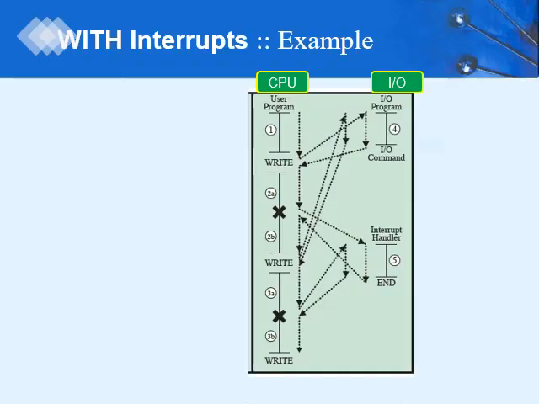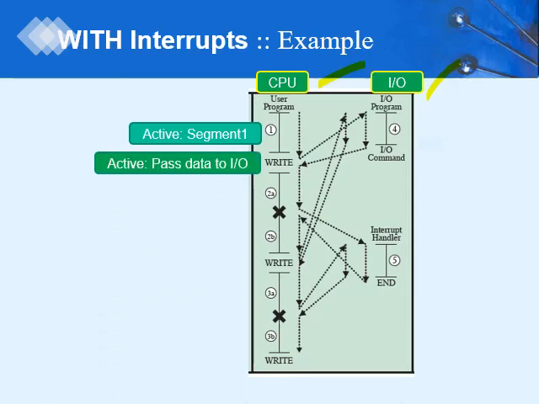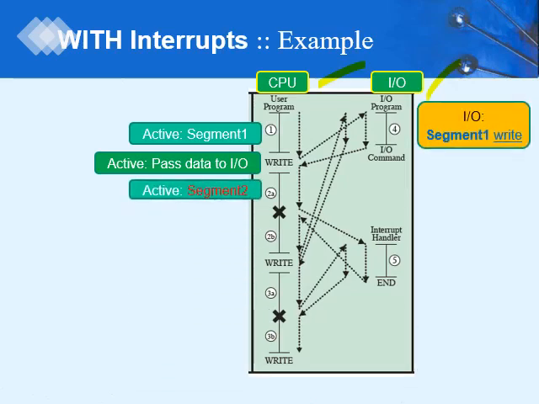I'm going to show you an example of an interrupt. We have the CPU and I/O, and the CPU will run the program. We start with active segment 1. Then there's a write request, so of course we need to pass the data to input-output. After the write is done, we give it back to the CPU, and the CPU will run segment 2.